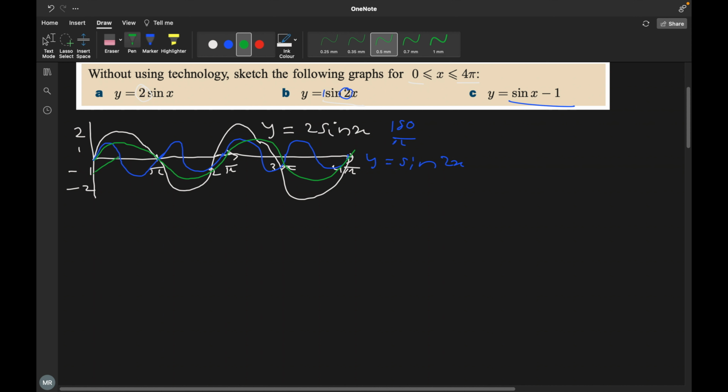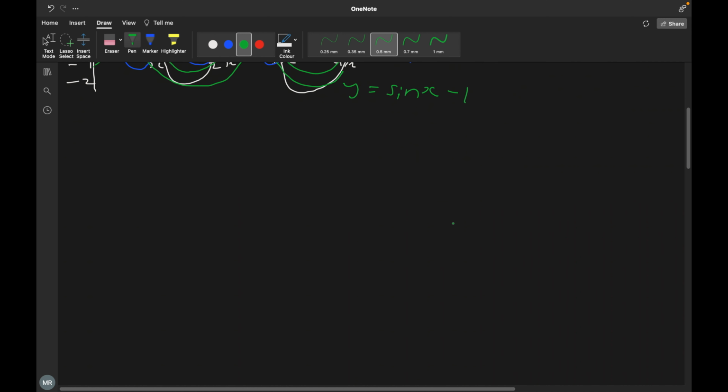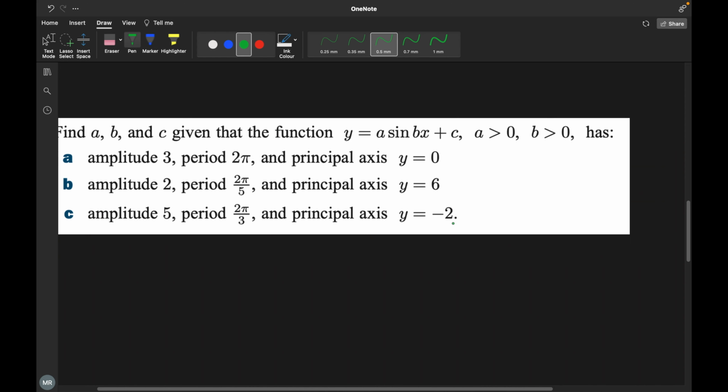So this is how it would look like. This is the graph of y equals sine x minus 1. So we're done with this question. Let's move on to the next one.